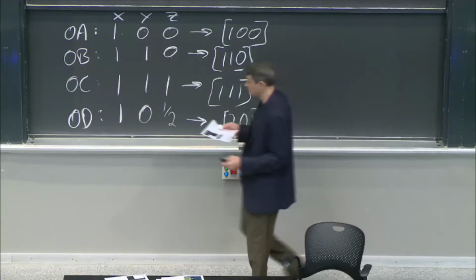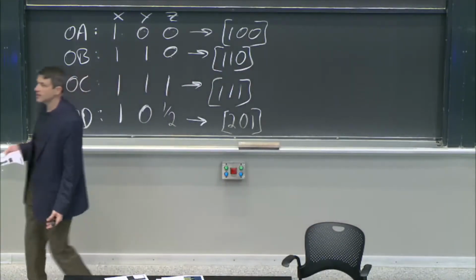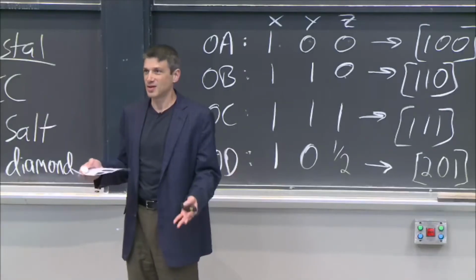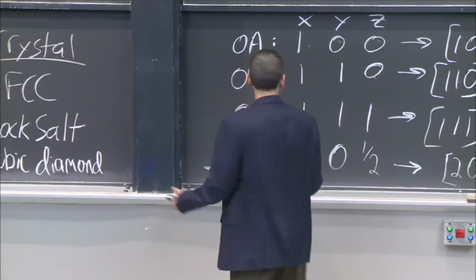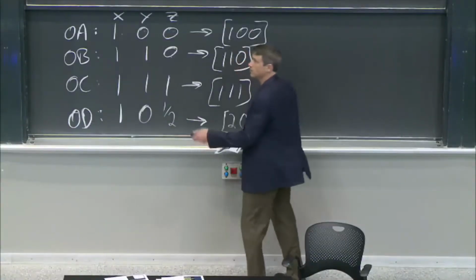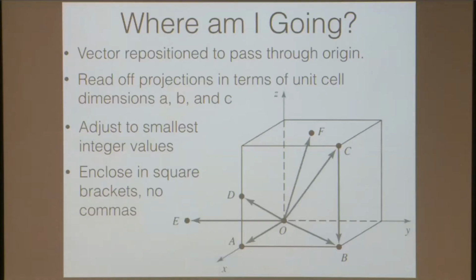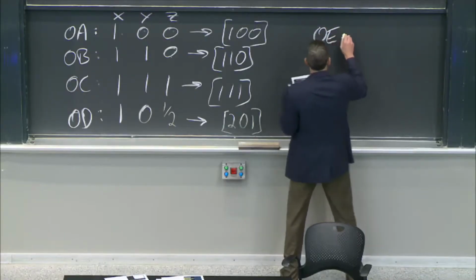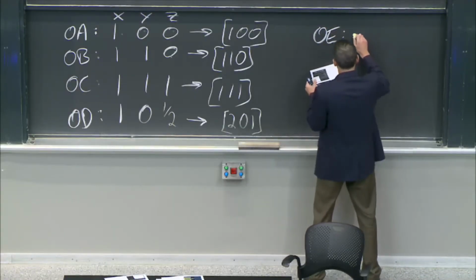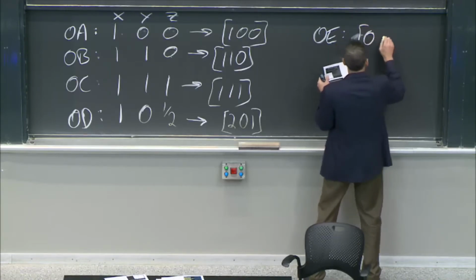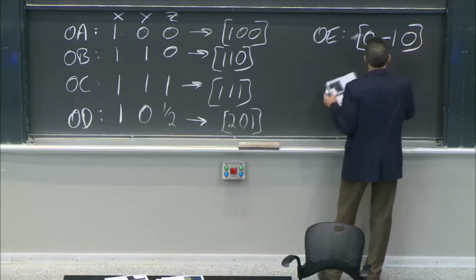They don't like fractions. Now, they don't like negative signs either. So if I were doing OE, that's just going in the other direction. If I jump to what we think it might be, given what we just saw, it would look like that.